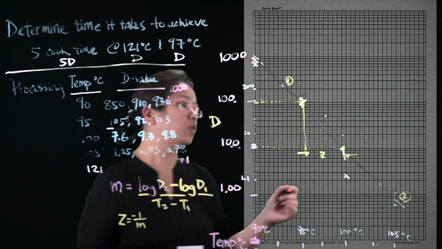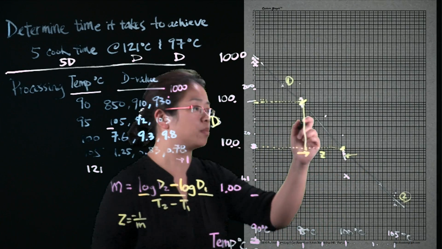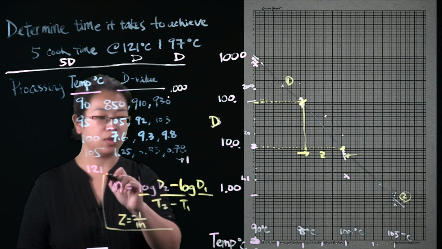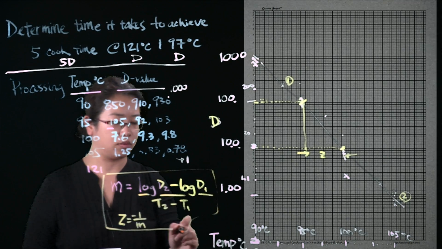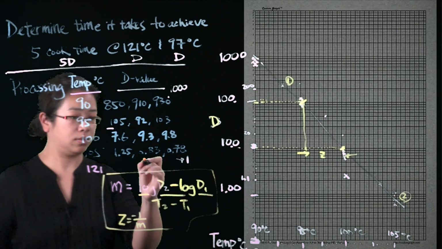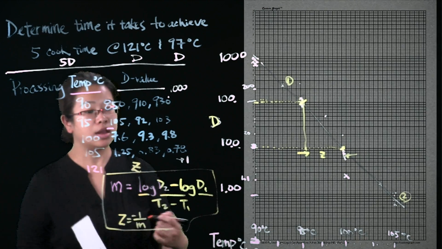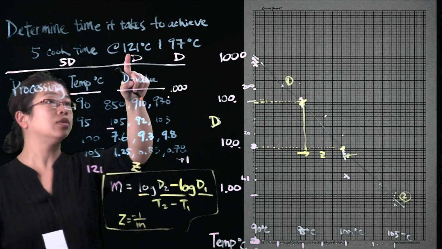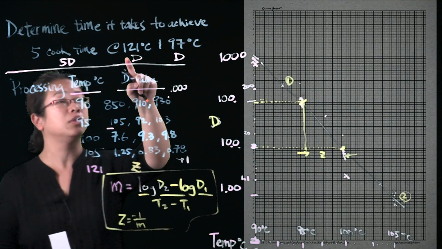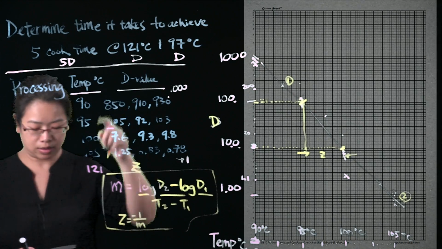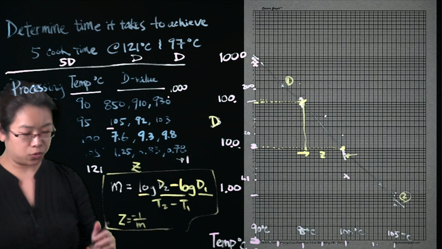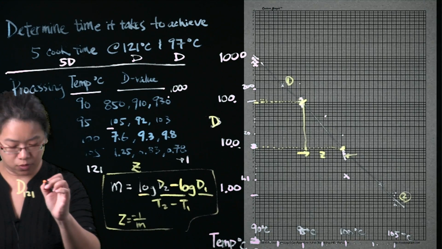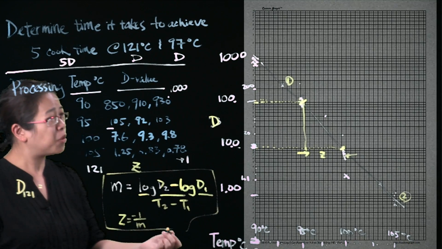So by either visually inspecting the graph or by using a calculation, we can find the Z value. Now what do we do? Now that we know Z, we can calculate the D value at 121 degrees Celsius. What is D at 121? Again, pick a point.